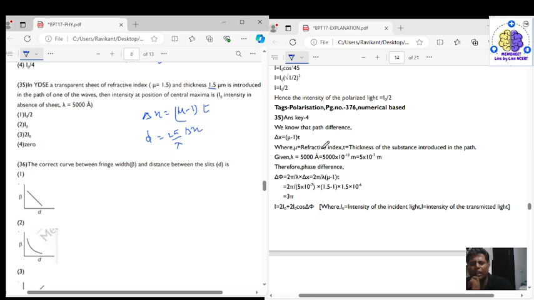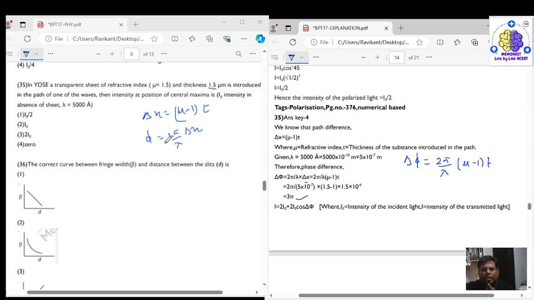So we will get delta phi is equal to 2 pi by lambda into delta x, and delta x is mu minus 1 into t, right? We have the value of mu, we have the value of t. Putting this value, we will get delta phi is equal to 3 pi, right?